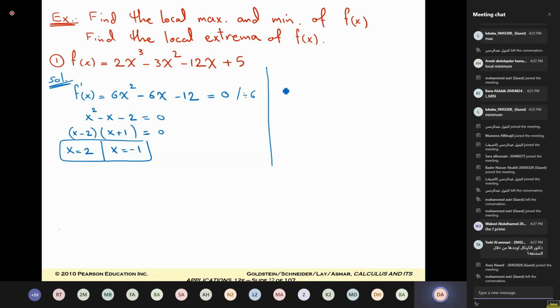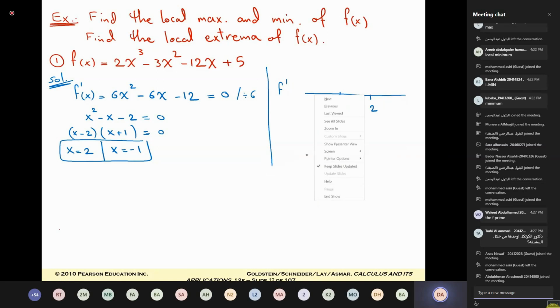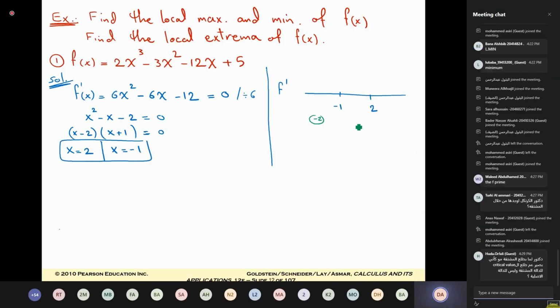Now, this is f prime, and we have -1 and 2. We can choose from the first region -2, then 0, and 3.